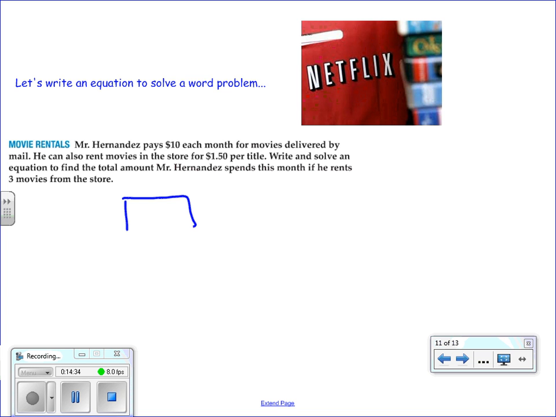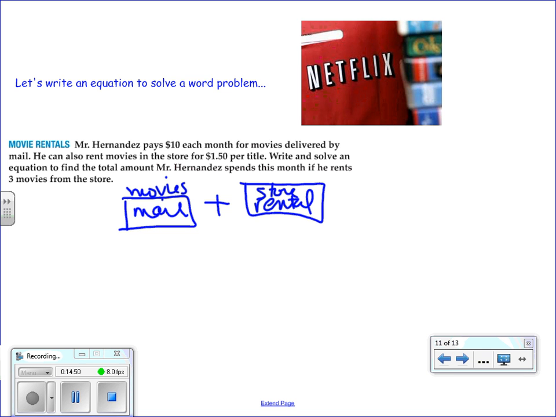So he has his movies from the mail, plus he has his rental movies, store rental. How much does he pay each month? So it's $10, right? Plus he pays $1.50.